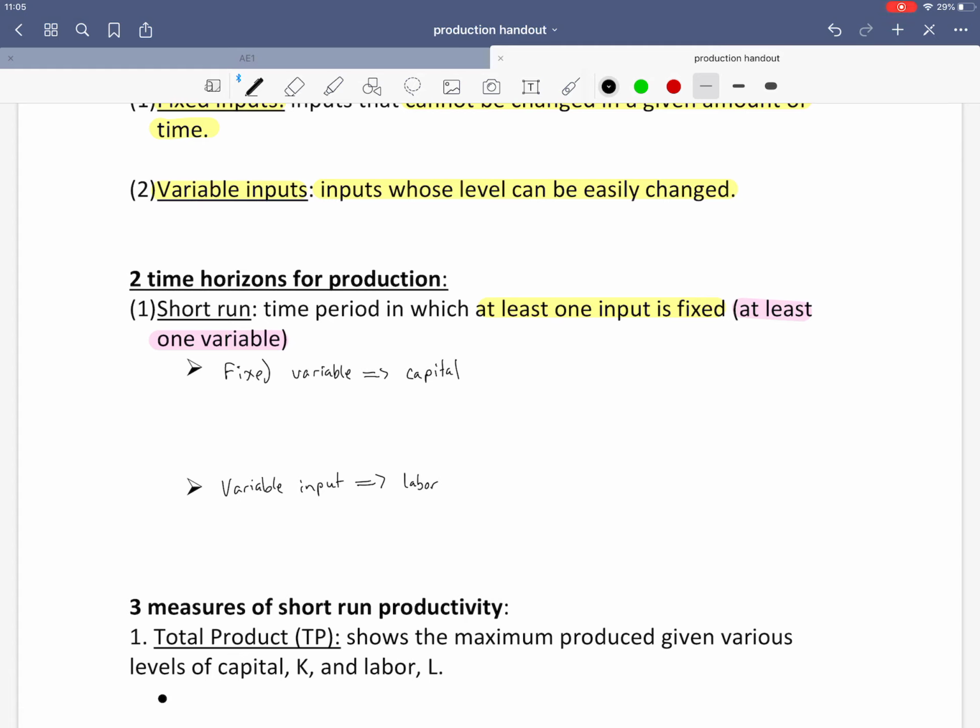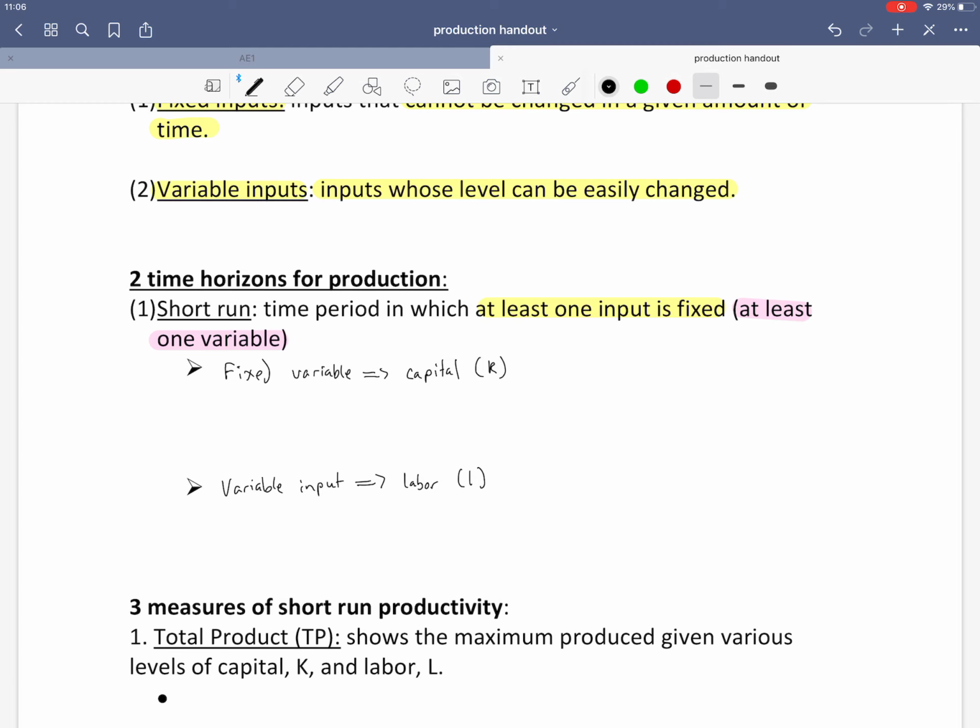So if we're looking at a pizza place, if consumers are constantly going in and buying pizzas, or if it's a very popular time to get pizzas, the pizza place can have their workers work longer hours or pay them overtime. And conversely, if it's a time where sales are really slow, the manager can also cut back on the amount of hours. So once again, we're going to assume that our variable input is going to be labor. So labor is always going to be abbreviated with an L, and then capital is typically abbreviated with a lowercase k.